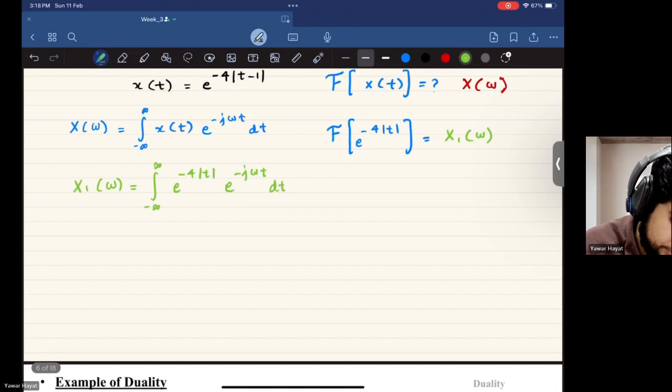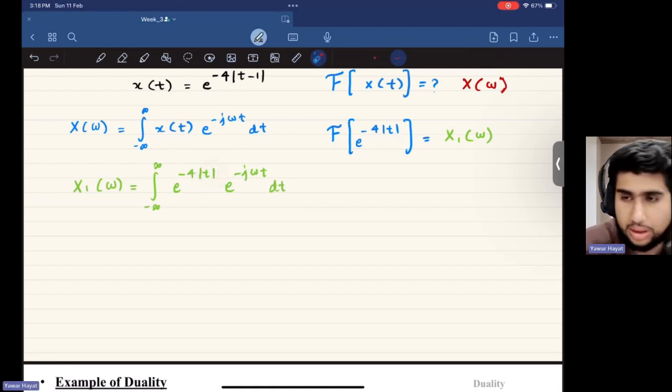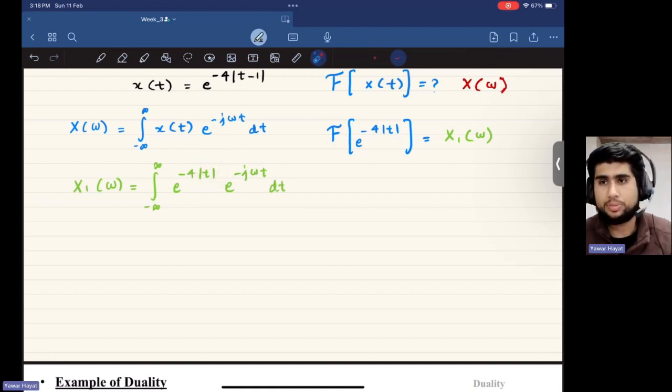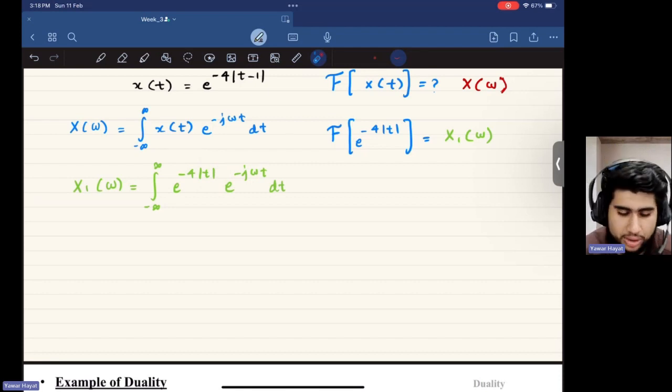And we know that this modulus of t function is equal to minus t when t is less than 0, and equal to plus t for t greater than 0. So we'll split this integral into two parts.